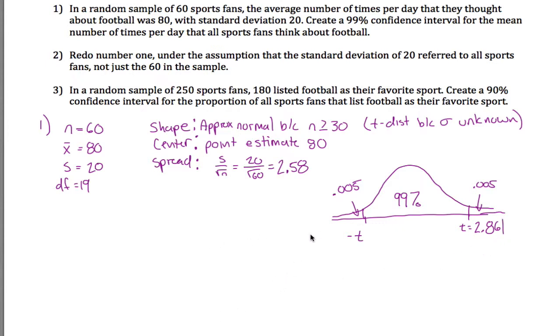So from that we can calculate our confidence interval. Our confidence interval is going to be our point estimate 80 plus or minus 2.861 of these standard deviations, which is 2.58.